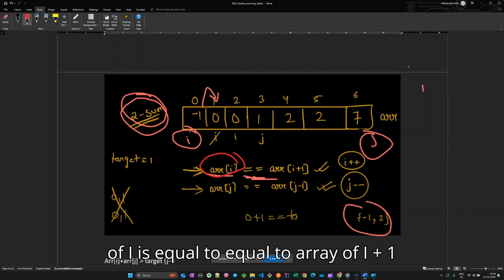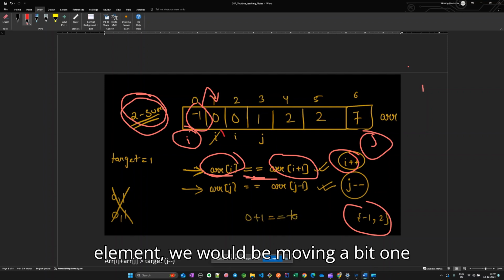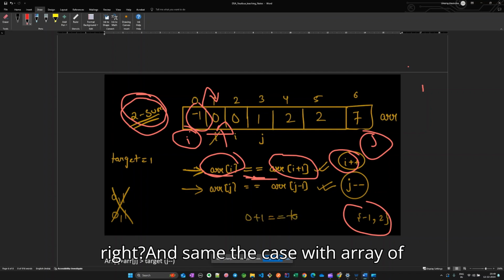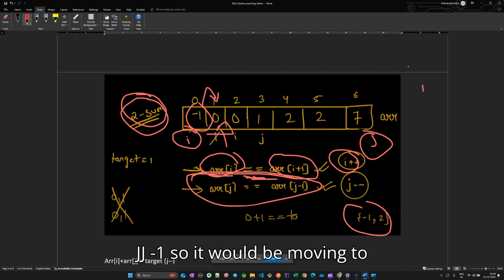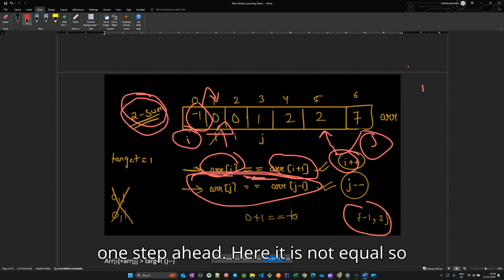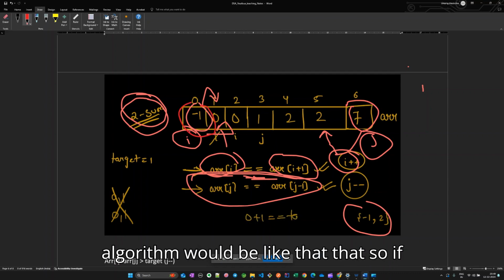If array of i is equal to array of i plus 1, then we would not consider this element and we move ahead by one. The same is the case with array of j equal to array of j minus 1, so it moves one step ahead. Here it is not equal, so it stays there. The two pointer algorithm works like that.